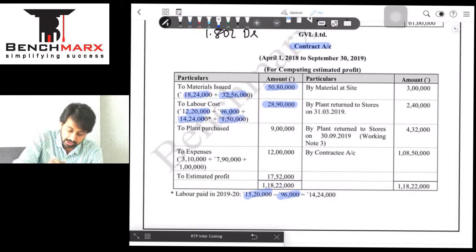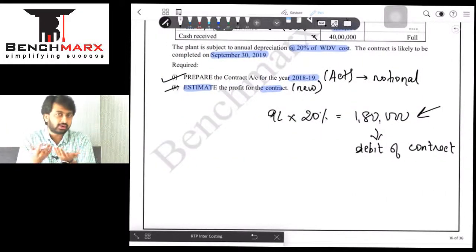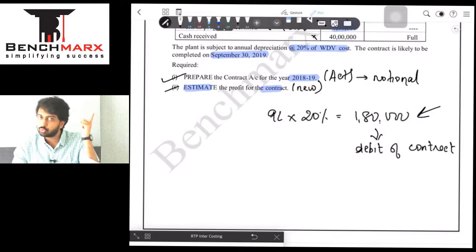That is how I arrive at this figure of 28,90,000. So we are computing total cost of the entire contract. Take the existing cost plus the cost which is estimated, obviously after adjusting the prepaid and the outstanding.